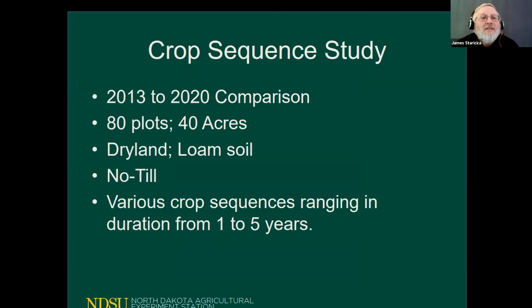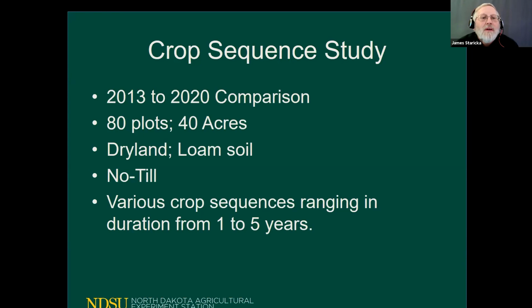The third data set I'll present today is from a crop sequence study at our dryland station. Because this is also a research study, the sampling again was consistent. There were 80 plots, so we have 80 samples that were obtained from the exact same locations every year. Just a reminder, the site is non-irrigated and the soil is a loam.